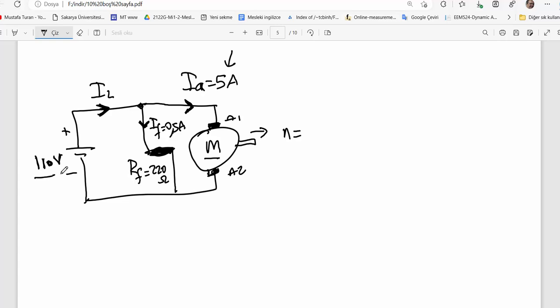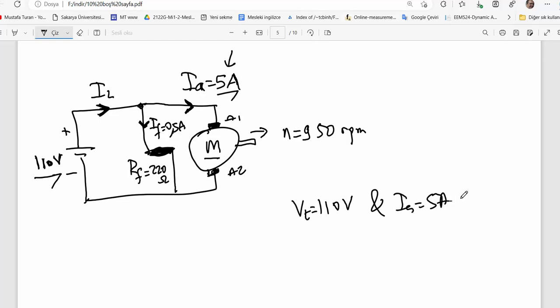When the machine is operated at such a voltage and drawing such a current, speed was 950 RPM. Those are together 110 volts, drawing 5 amps and running at 950 RPM.